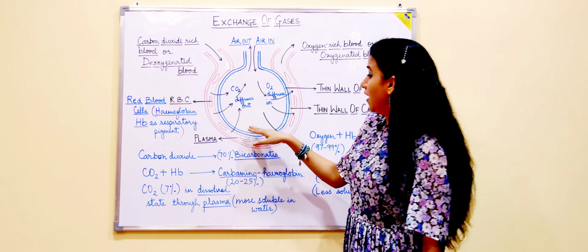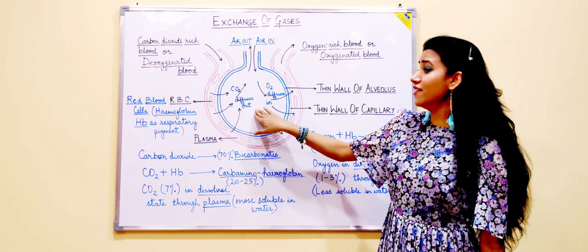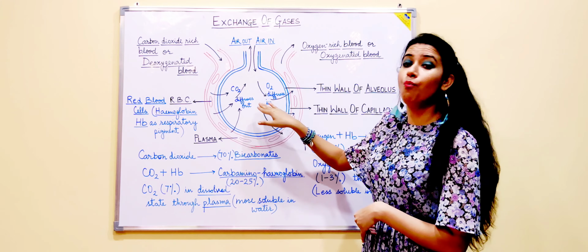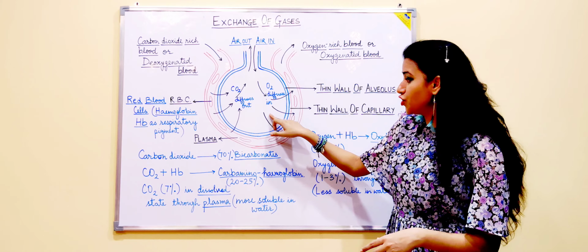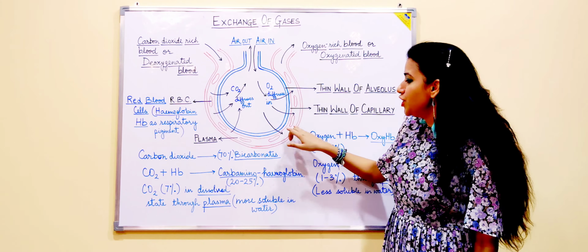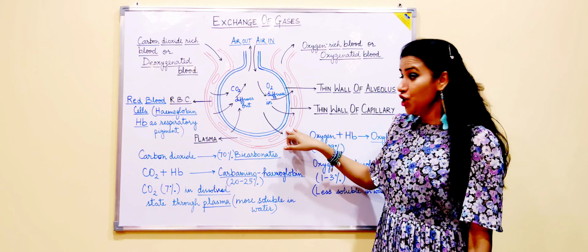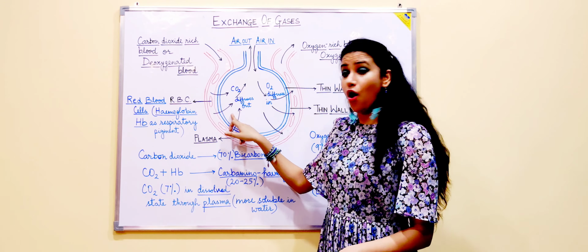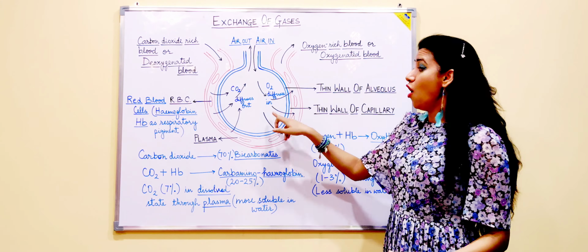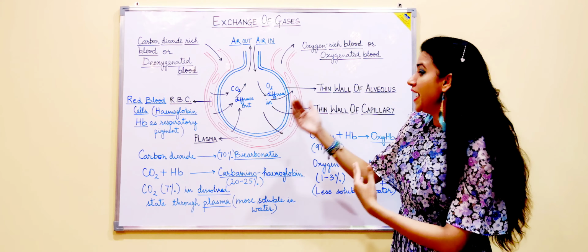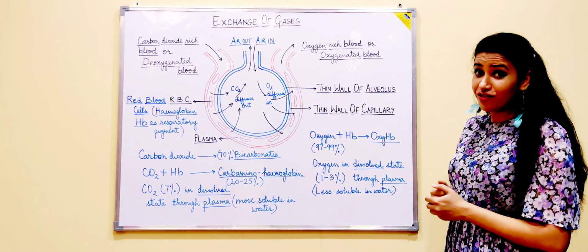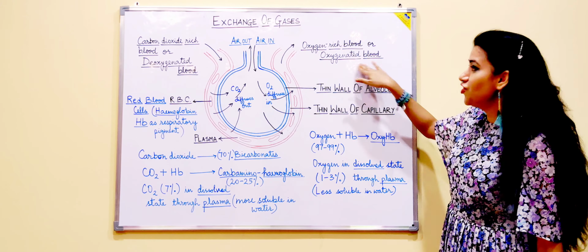Next, at the same time, the concentration of oxygen inside the alveolus, the air that you inhaled, is more. Therefore this oxygen would diffuse from the alveolus into the blood capillary. This diffusing out of carbon dioxide from the capillary into the alveolus and the movement of oxygen from the alveolus into the blood capillary will make the blood oxygen rich, or oxygenated blood.